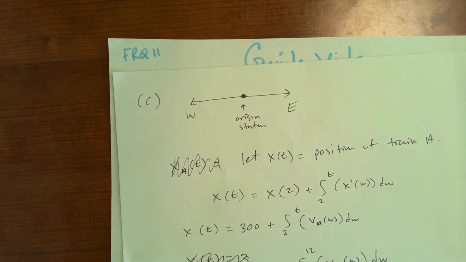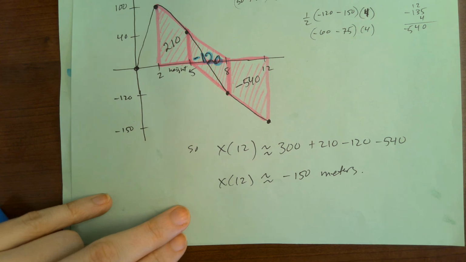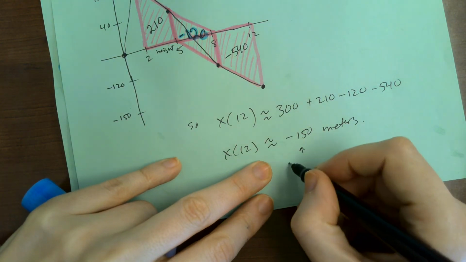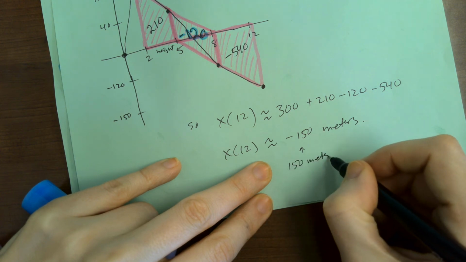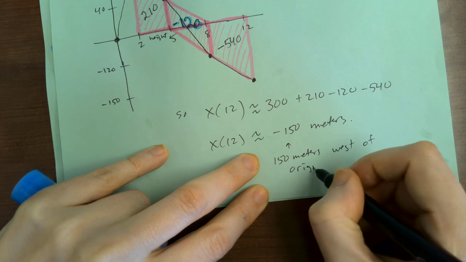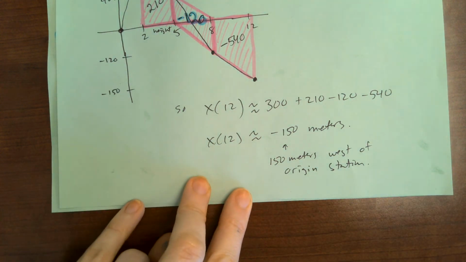The 3 subintervals indicated by the table approximate the position of the train at time t equals 12. They didn't say to explain it in the context of the problem, but I'll say this is 150 meters west of origin station.